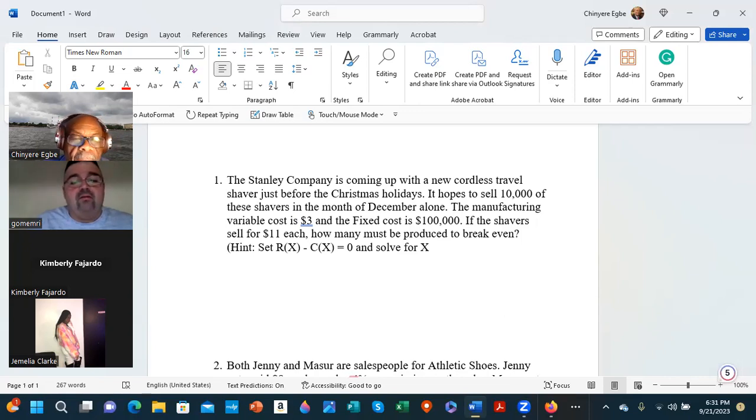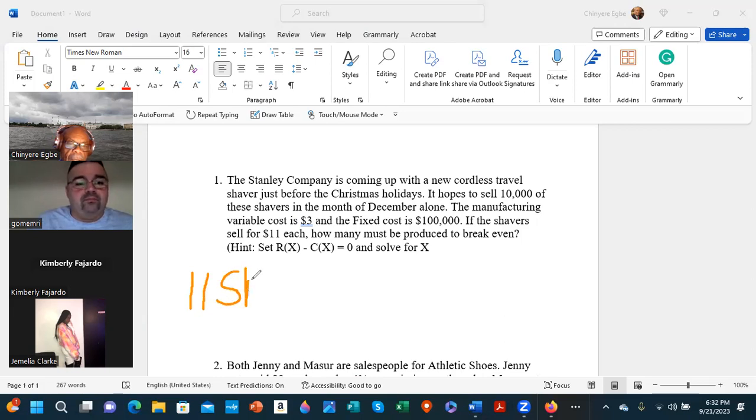You can say then 11 times shavers, but when you write shavers, it gives you a very long thing. Can I give you a suggestion? I think the student's name is Mario. Mario, maybe it might be better to rewrite the formula using the words it's supposed to represent with the specific problem before you go into the equation. 11 shavers.